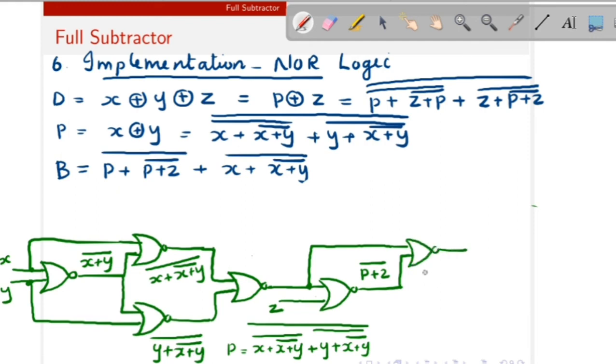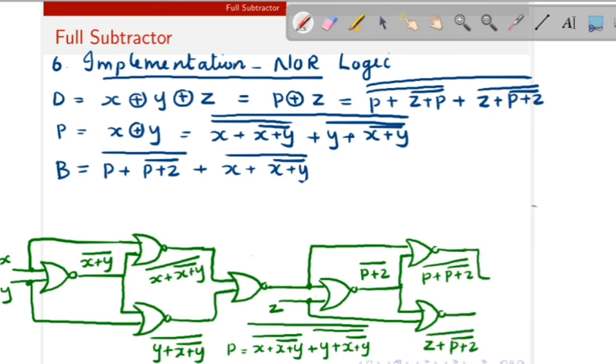So here we have p plus z bar whole bar. Similarly we take p plus z bar and z, both are node together. So that is z plus p plus z bar whole bar. Then these two outputs are again node together. So we get the difference.